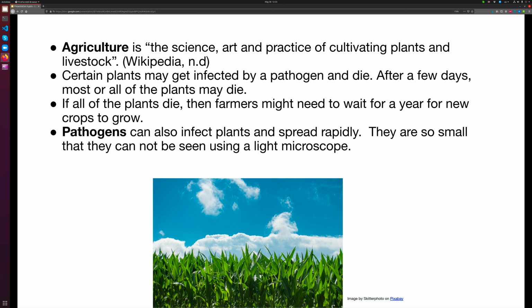Pathogens can also infect plants and spread rapidly. They're so small that they cannot be seen using a light microscope. And even if they could be seen using a light microscope in certain cases, a light microscope is usually not used on a farm.